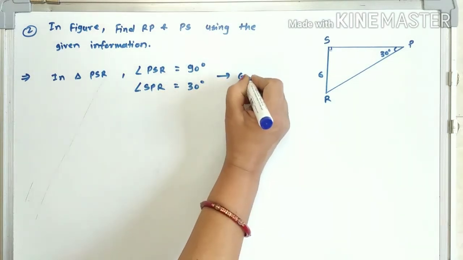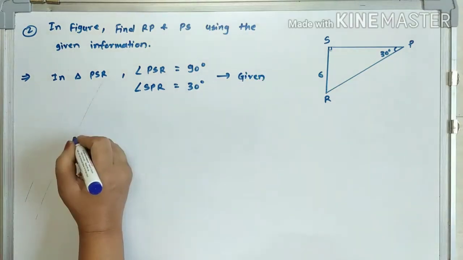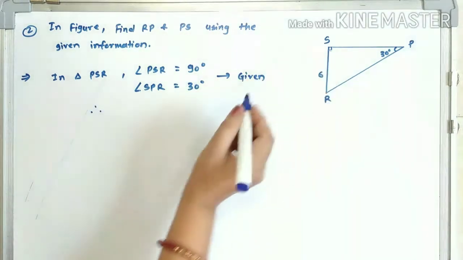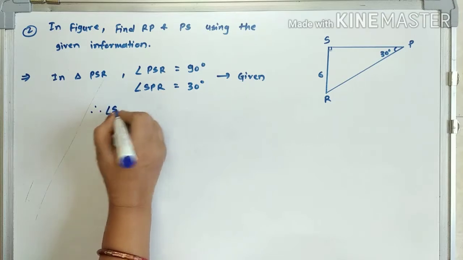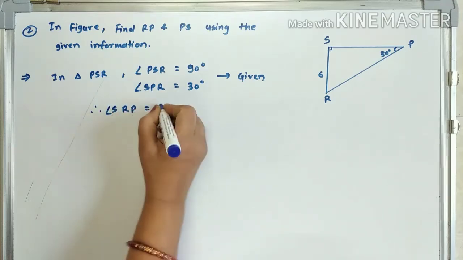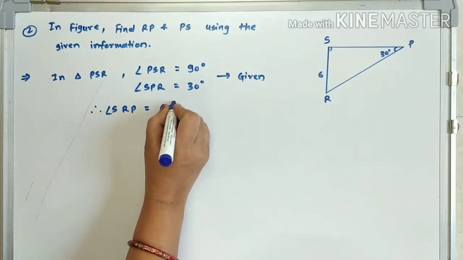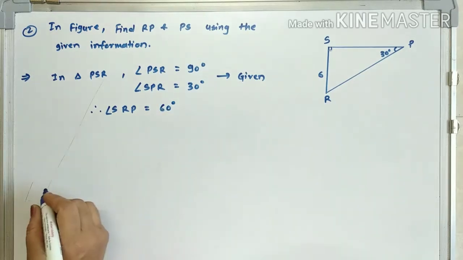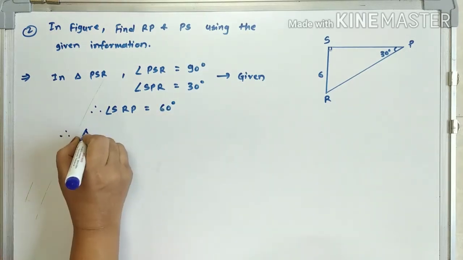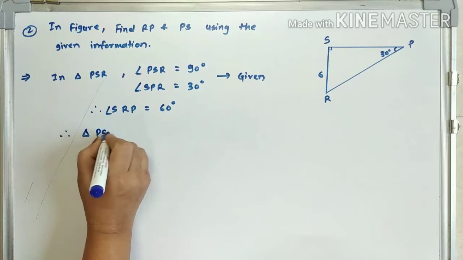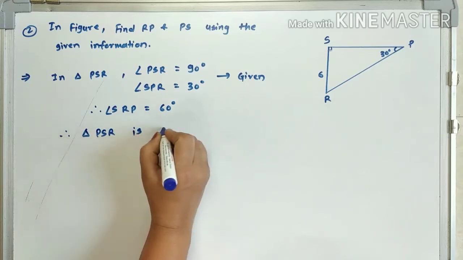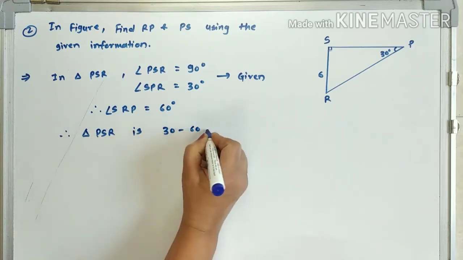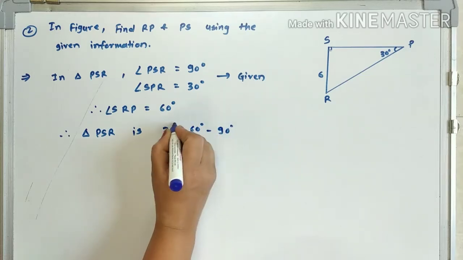These are given. Therefore, the remaining angle SRP equals 60 degrees. Therefore, triangle PSR is a 30-60-90 degree triangle.